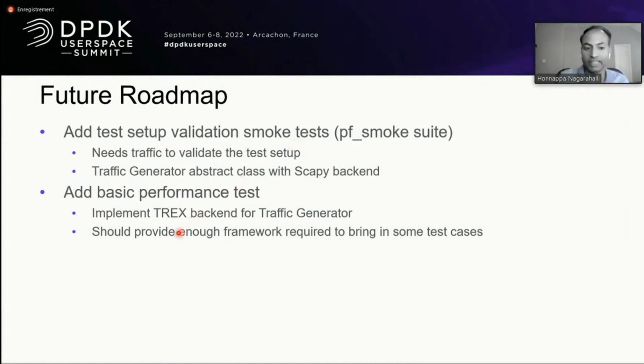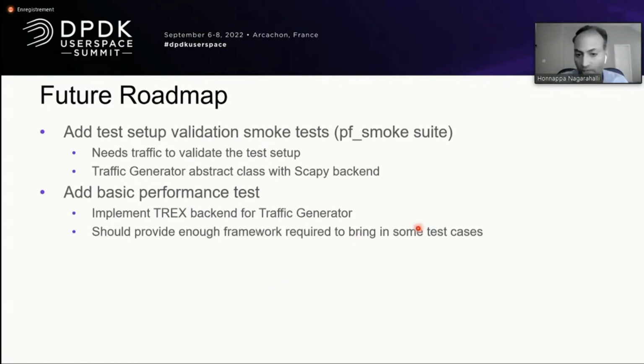With this, we think we should be able to have a T-Rex backend or any other traffic generator backend for that traffic generator abstract class. Once we add a basic performance test, we feel that it should bring in enough maturity in the framework, and that should allow us to bring additional test cases.